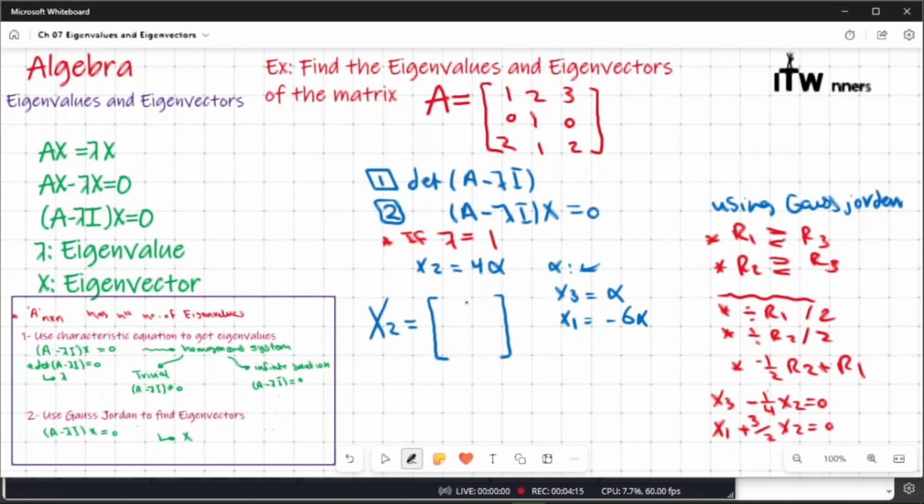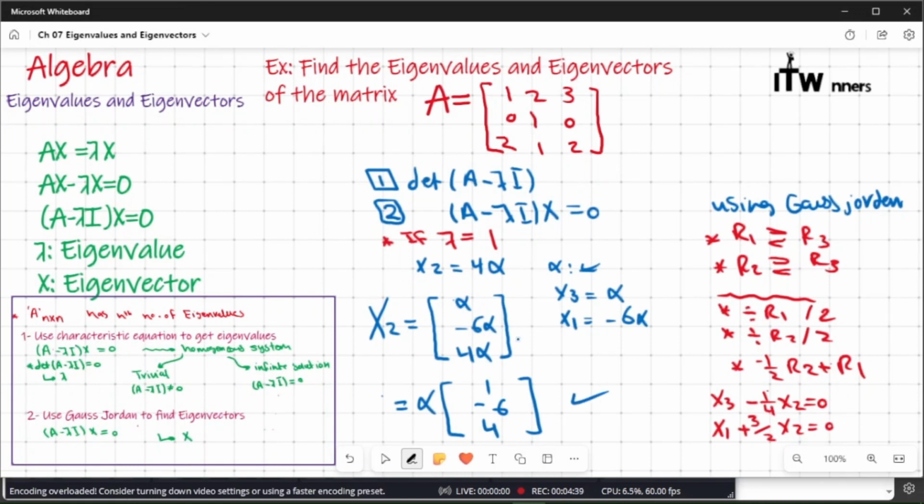So we have negative 6 alpha, 4 alpha, which is alpha into 1, negative 6, 4. Okay, just clear and move to the last one.